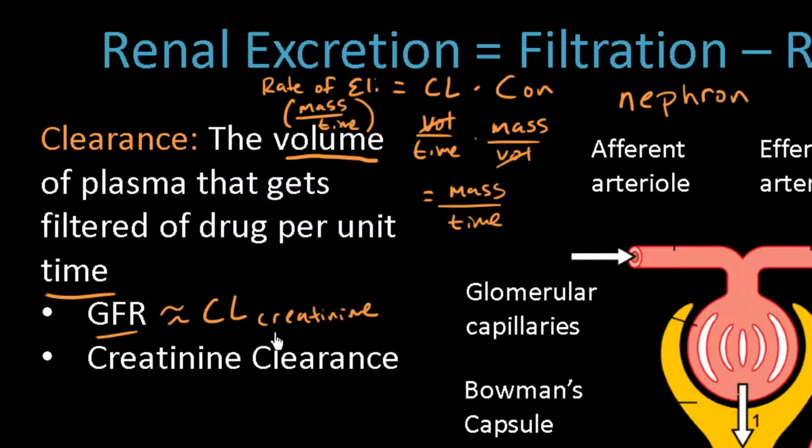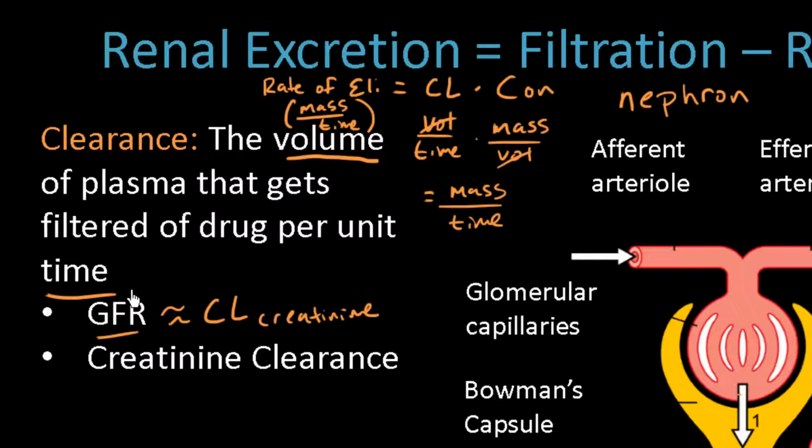Now remember that creatinine is not creatine. Creatine is something that is found in your muscles. Once it is broken down, it forms creatinine. So just take out that IN to spell creatine. So it's imperative that you understand this relationship between the creatinine clearance and the GFR.